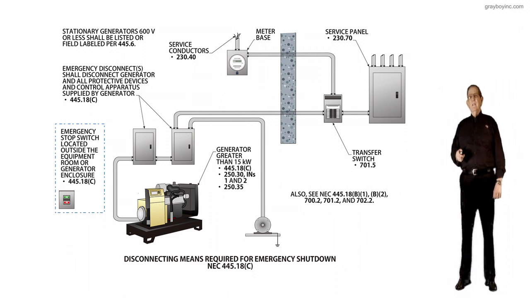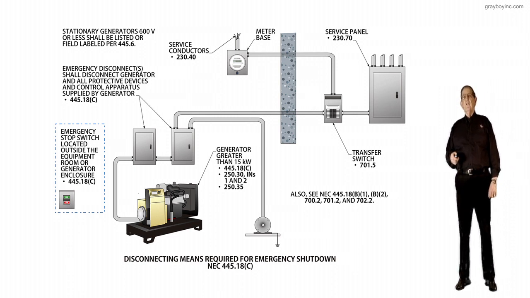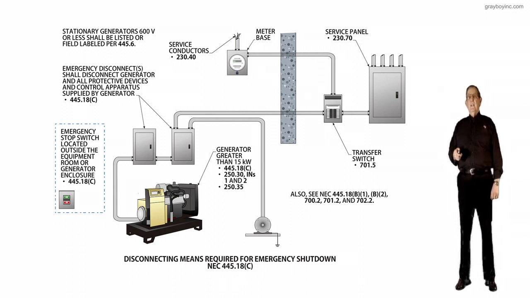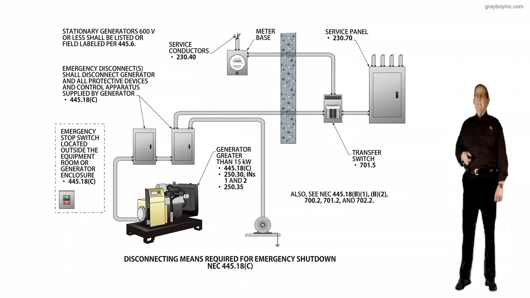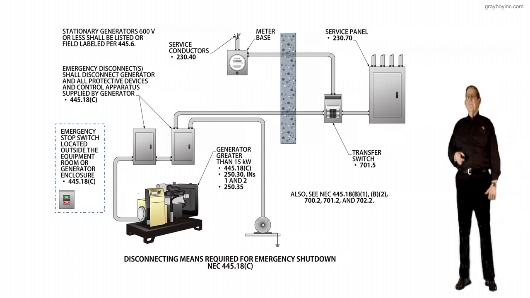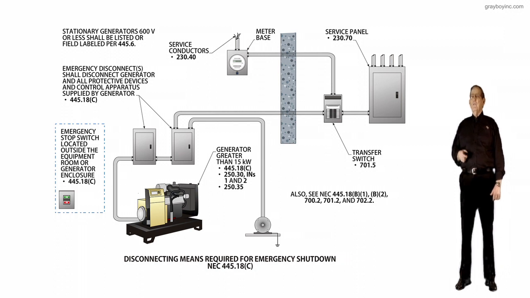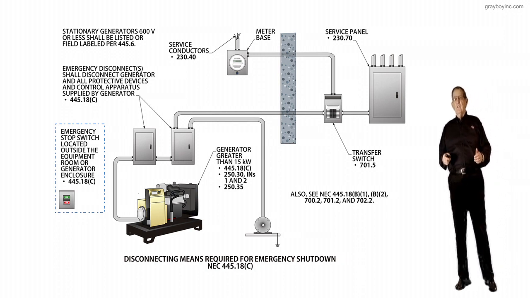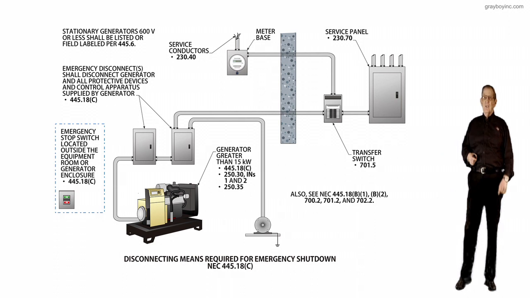Secondly, we look at the generator information, with the arrow pointed to the generator that you see in the illustration. For a generator greater than 15 kW, we would review 445.18(C), 250.30 informational notes 1 and 2, and 250.35, because it's a permanent installation.